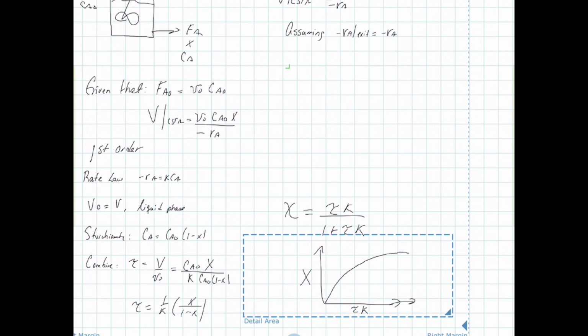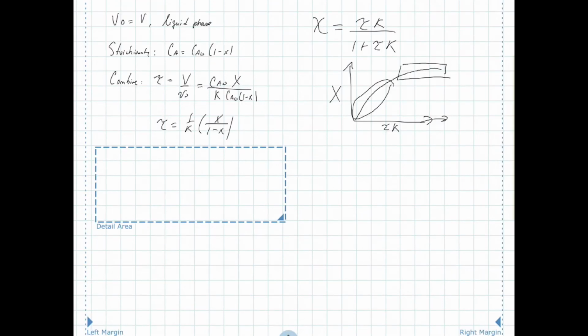However, if we look at the graph, this effect is more significant at lower values, because you see bigger changes there. If we change tau k in this region, the effect on the conversion will be really small.